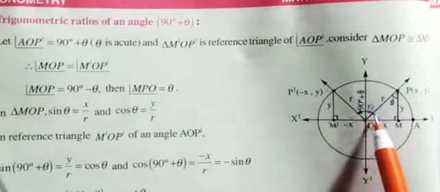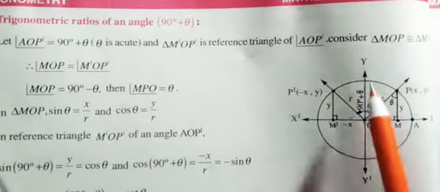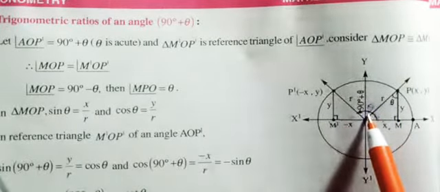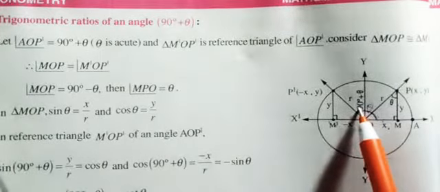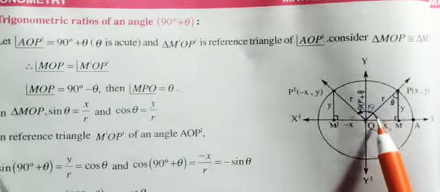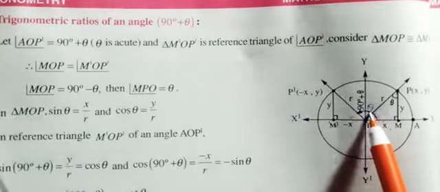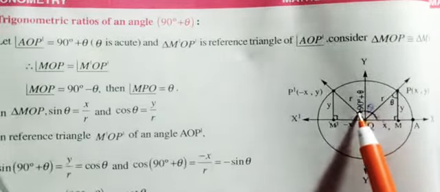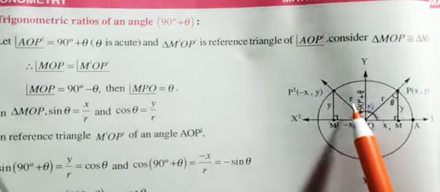Now this line OY bisects the angle 2 theta, so this angle is also theta, this angle is also theta. From the picture it is 90 degrees and this angle is also theta, so my total angle is 90 plus theta.